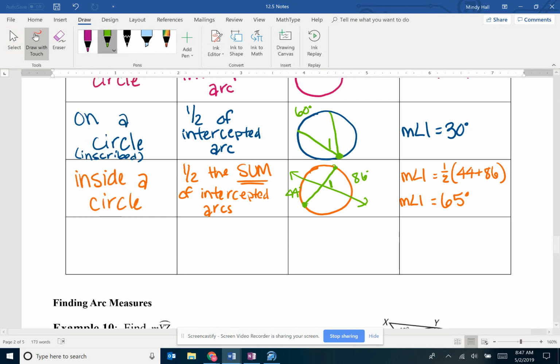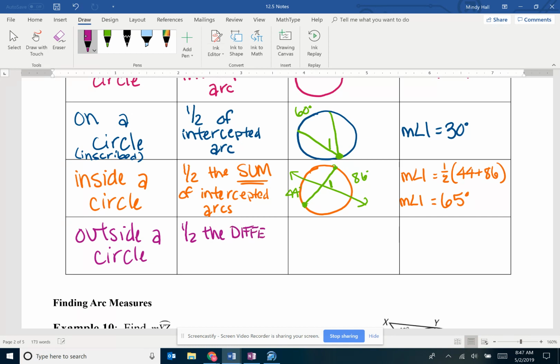And then our last little box, we've been inside a circle. Now we're going to go outside the circle. I want the purple. Outside. So if we are outside the circle, it's half the difference of intercepted arcs.